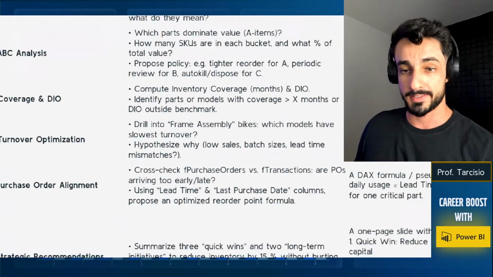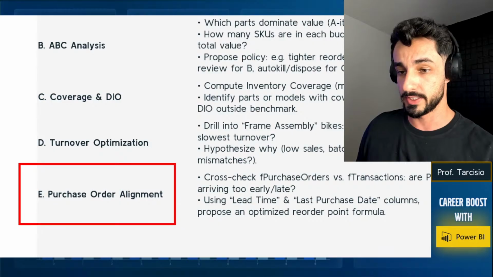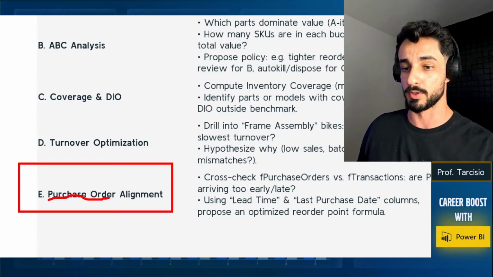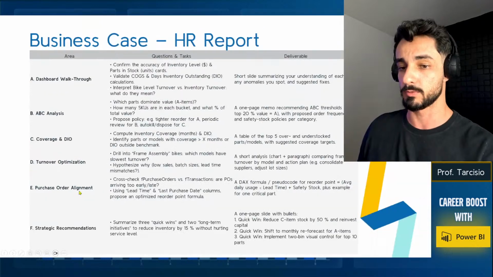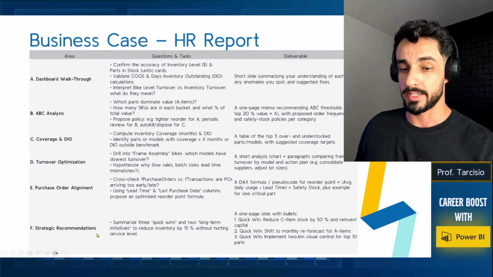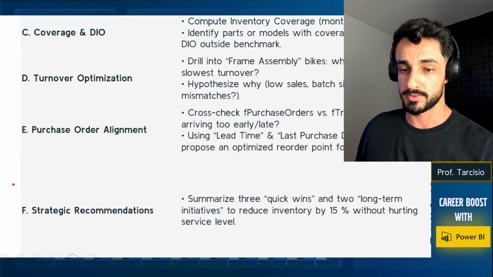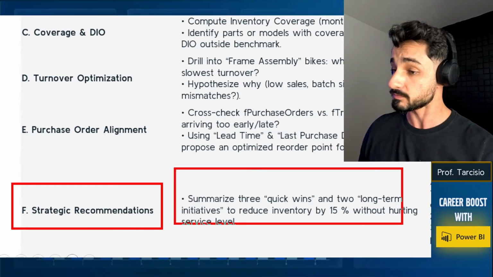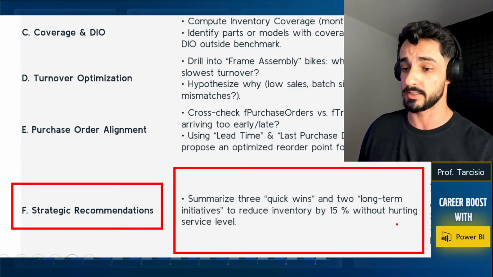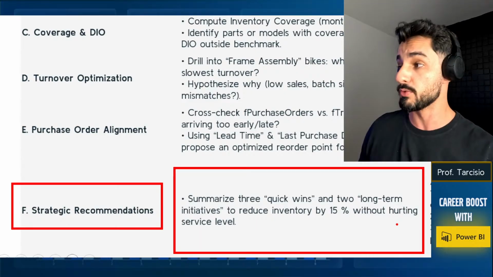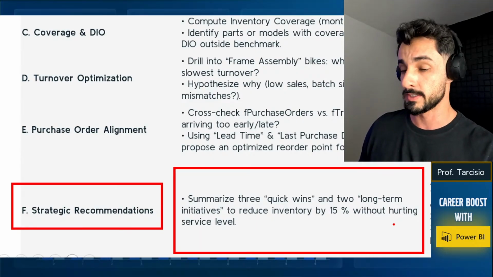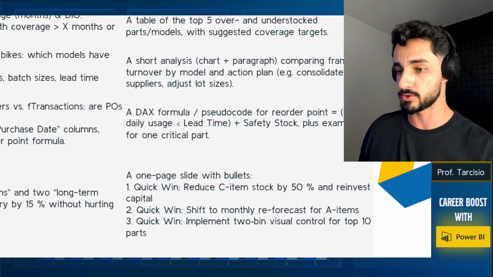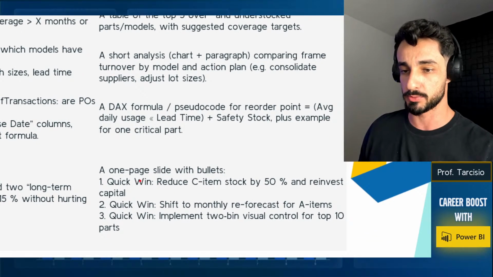Well, and as I told you, if we have more time on Thursday, we can address the purchase order alignment as well. And in the end, we want to end up with some strategic recommendations. We can summarize some quick wins based on the data analysis we will be able to perform, and we have some deliverables.